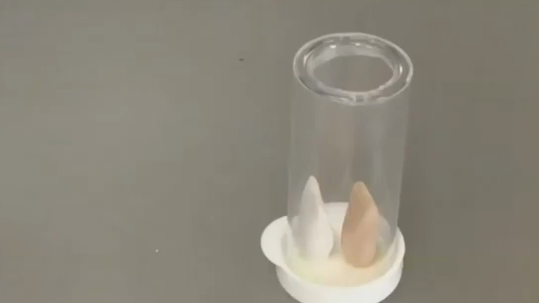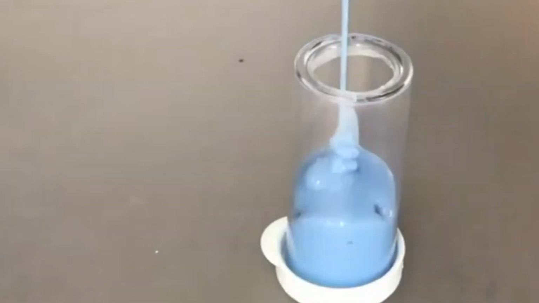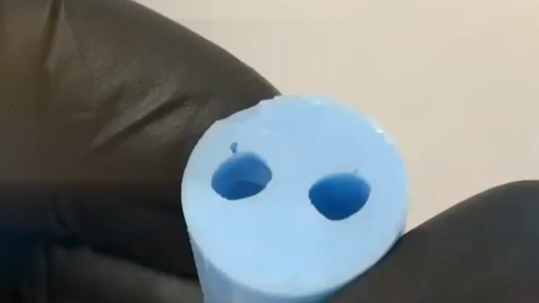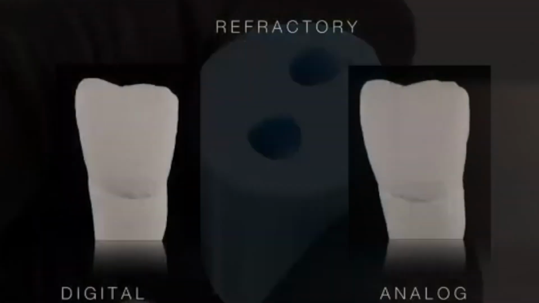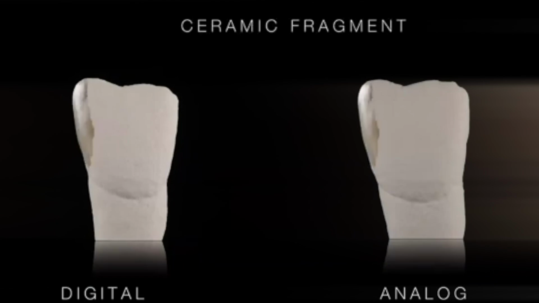The next step was to duplicate them with silicone in order to obtain the matrix, where we actually put our refractory material. So we obtain the 2 refractory dies, and we build on both of them 2 different ceramic fragments.